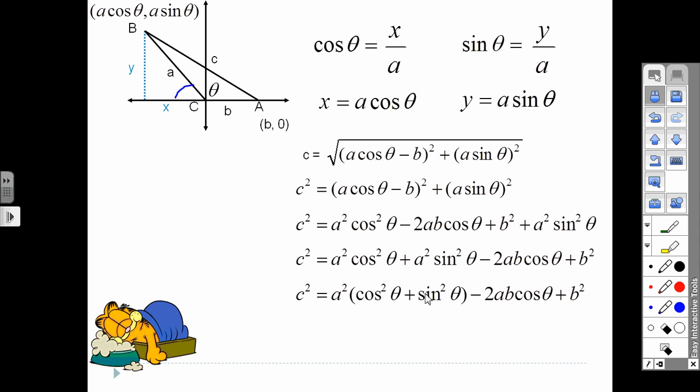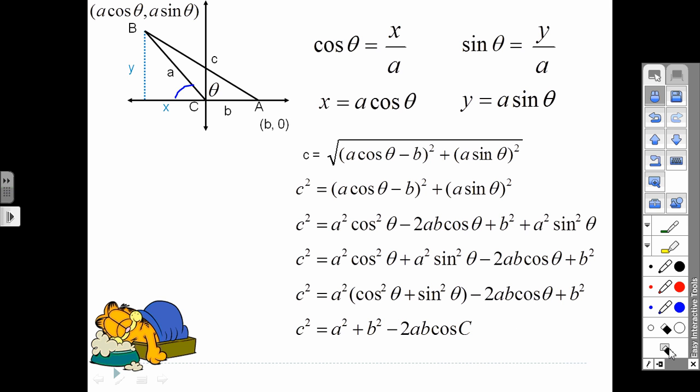This is 1, right? Okay, so let's do that. I'm also going to move this b squared in front of the negative 2ab cosine. And I get a squared plus b squared minus 2ab cosine c. And that right there, folks, is one of the equations for the law of cosines.